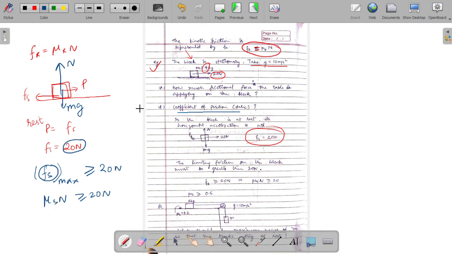We are given that the mass of the block is 4 kg. So the normal force acting on the block is 4 into 10, that is 40 newtons. So the coefficient of static friction into 40 should be greater than or equal to 20, or mu s should be greater than or equal to 0.5.